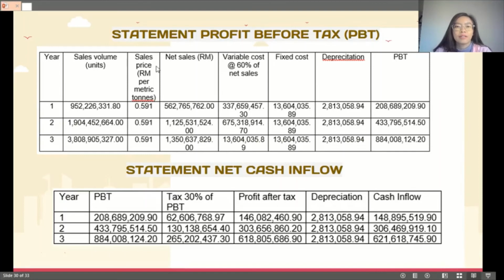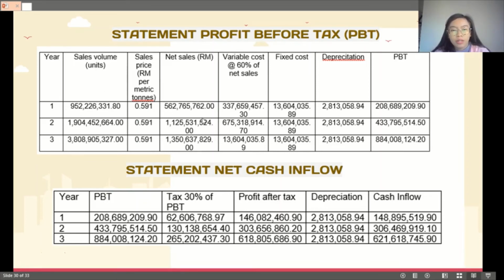Okay, so now is the statement of profit before tax, or PBT. This is an example table for the PBT. In order to determine the PBT, we need to know the sales volume, which is units per year, the volume for the products over the year. This is for the first year, the second year, and the third year. Then this is the sales price, which is the price for products per metric ton. Then the net sales is the sales volume times the sales price.